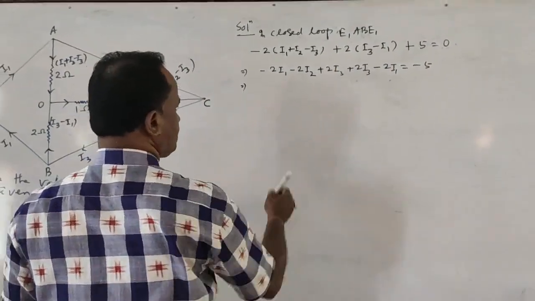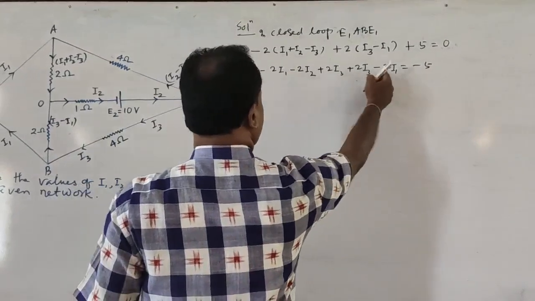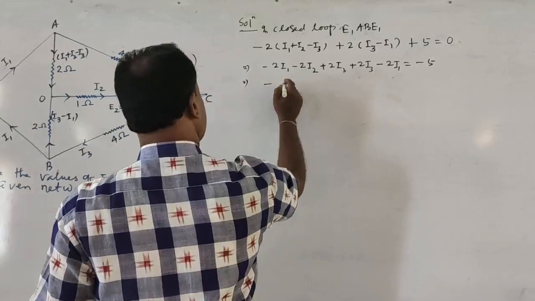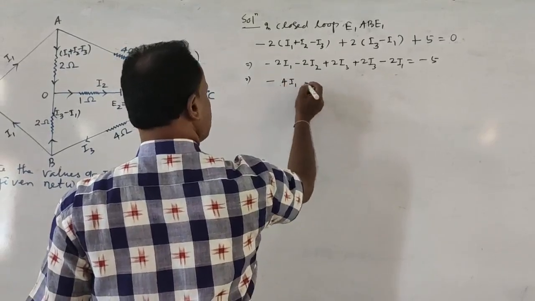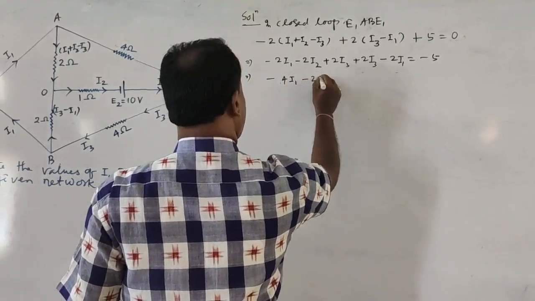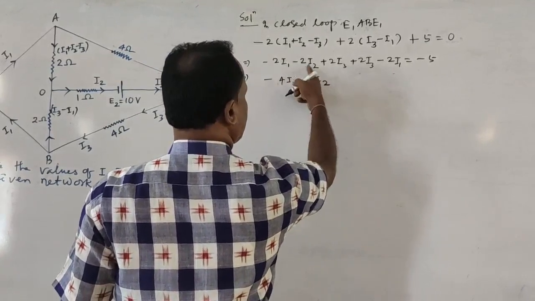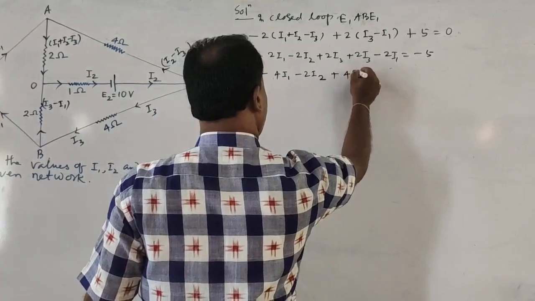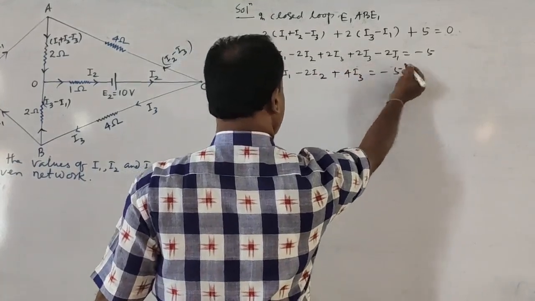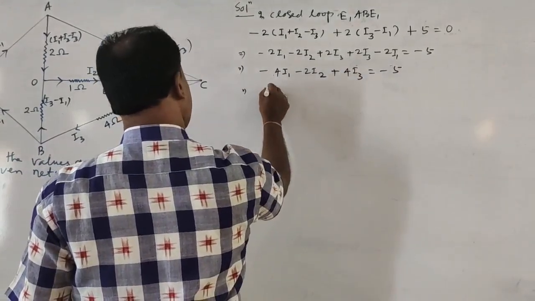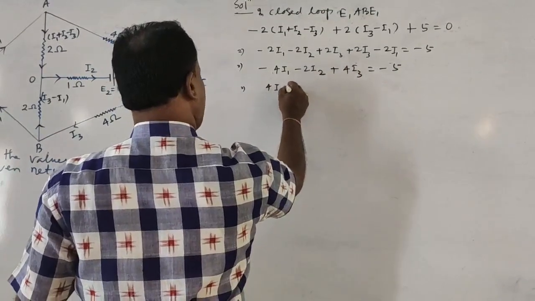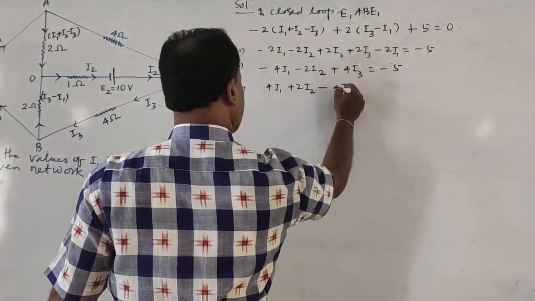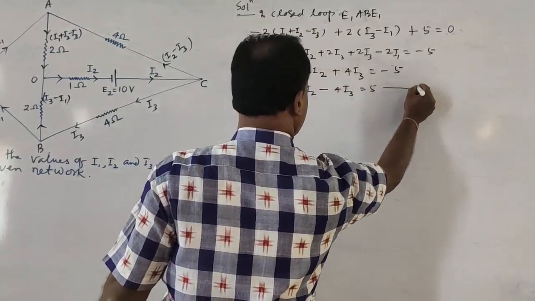Or minus 4I1 minus 2I2 plus 4I3 is equal to minus 5. Or in the other form, 4I1 plus 2I2 minus 4I3 is equal to 5. That's equation 1.